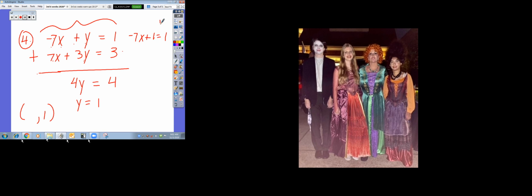Now, just follow your rules for solving equations. I've got to make that positive 1 go away. How do I do that? Good. So now I have negative 7x equals 0. Divide by negative 7. What's 0 divided by anything? 0. So my x value was 0. So these intersect at 0, 1.